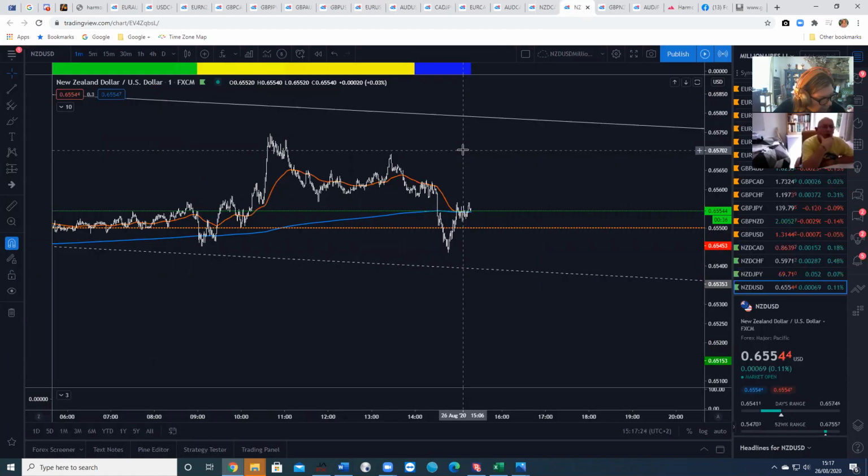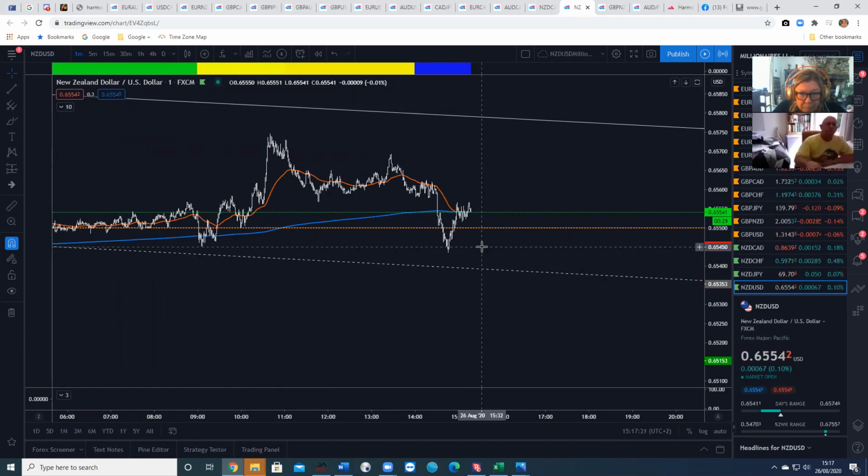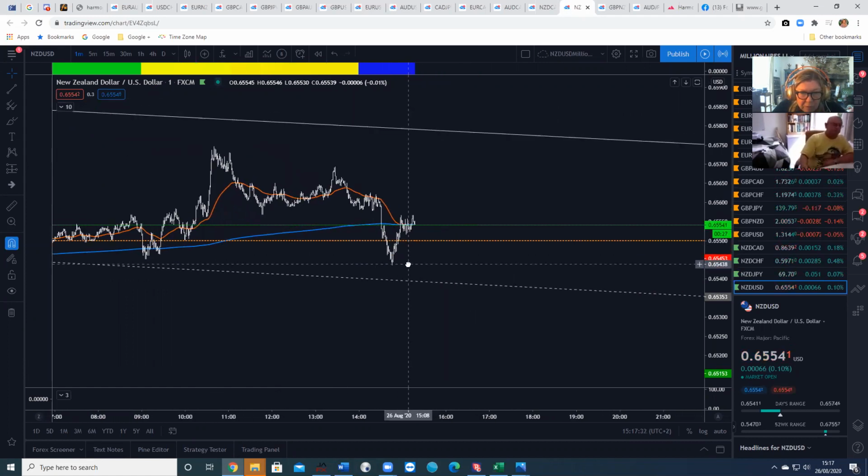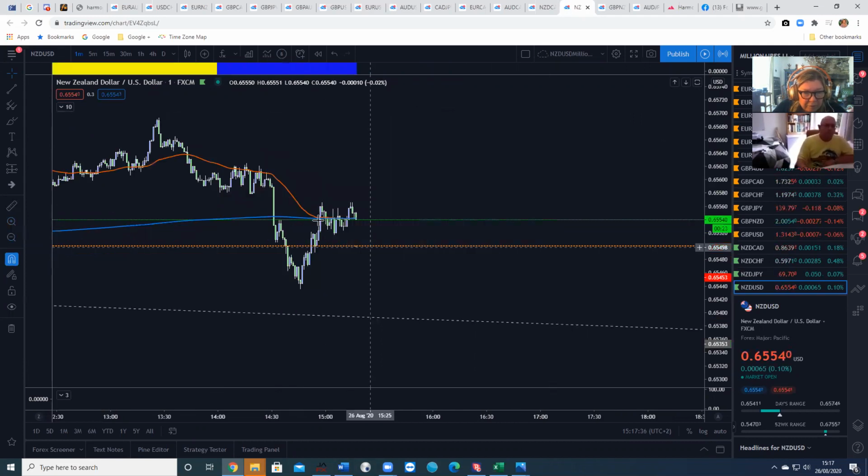NZD USD, we'll look at our Canadian and American dollar pairs. So we've got the orange, looks like it might be, is it crossing or curling off it? It's not crossing at the moment, so it might be carrying on in an upward trend.